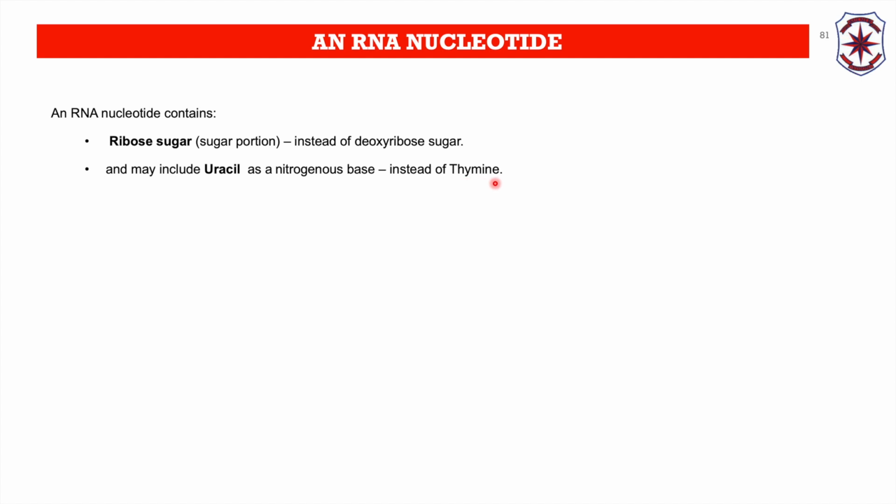So instead of thymine, the job of thymine is replaced by uracil. So whenever you're looking at a strand of a nucleic acid and it contains uracil, you must know that that strand or that nucleotide belongs to RNA. However, if you see it containing thymine, you must know that that strand or that particular nucleic acid is that of DNA.